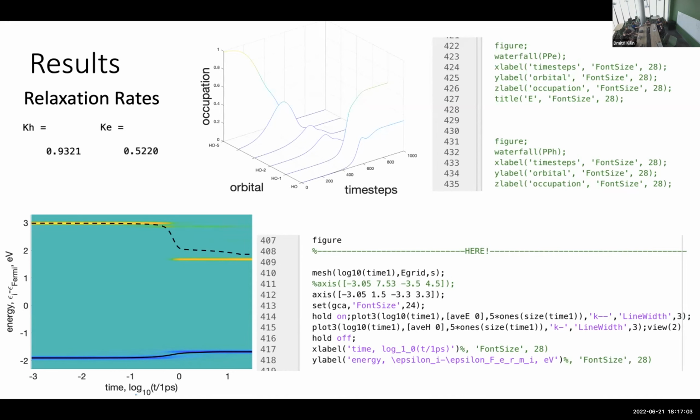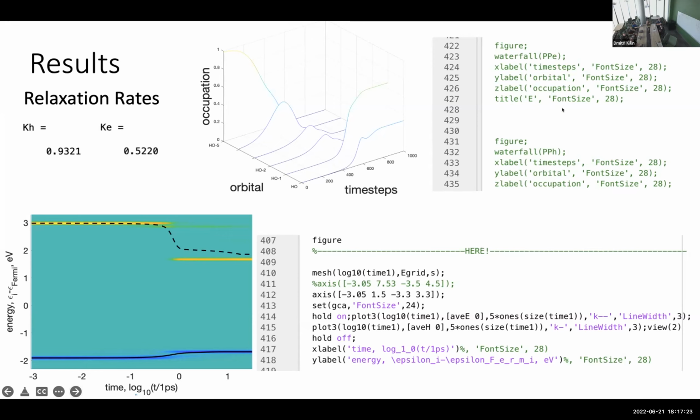So then if we look at the results here, you can see that you get the KH and KE, and then I have the waterfall graph or the occupancy graph, and off to the side here, you can see the code that actually generates this graph.